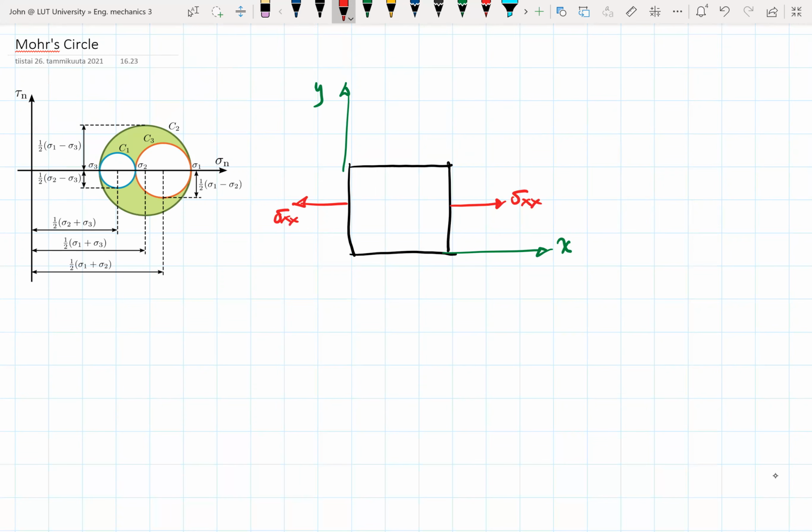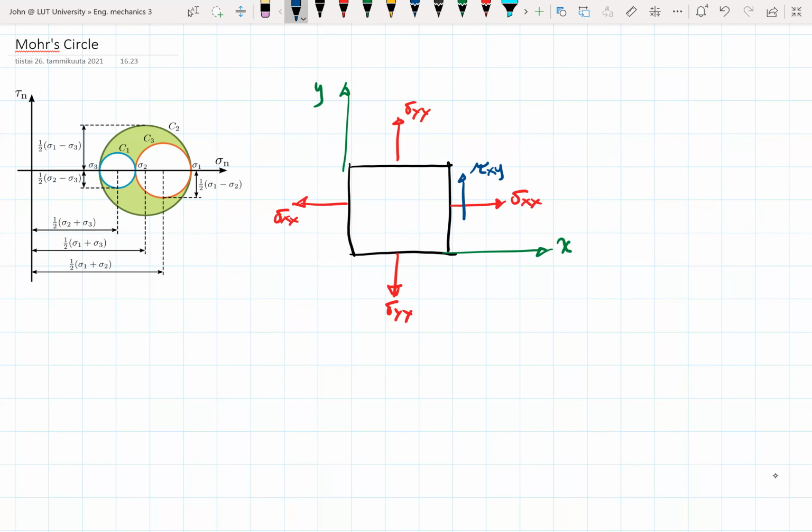Of this, I will have stresses in the y direction. These are normal stresses. And also I will have the shear stresses corresponding to each one of these sides here. We are going to keep drawing these stresses in the positive direction, as we have established before. So we have here tau xy.